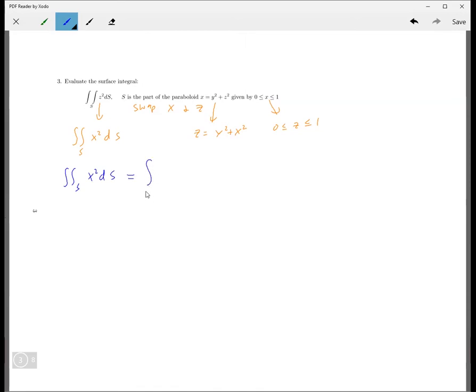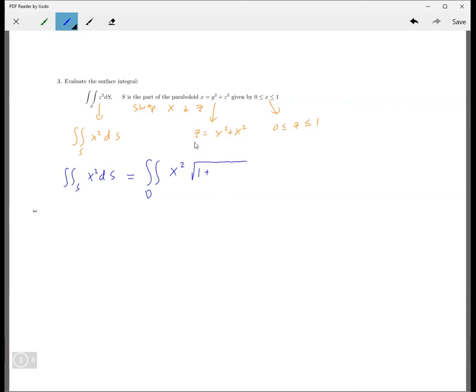Okay, so we're going to go over d instead. And this x squared, now you just need to get everything in terms of x and y. And this is x, so you're fine. And then you have the square root of 1, and then z sub x squared.